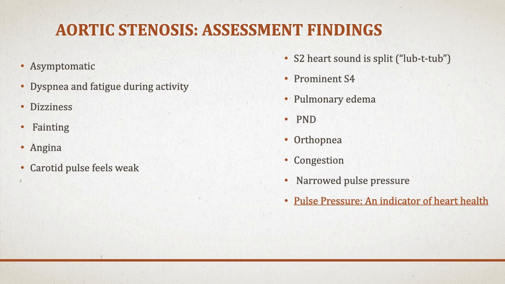So the myocardium is not getting the blood flow that it needs to produce adequate cardiac output. So your kidneys are not receiving adequate cardiac output. So you can have a kidney injury or kidney damage as a result of that.